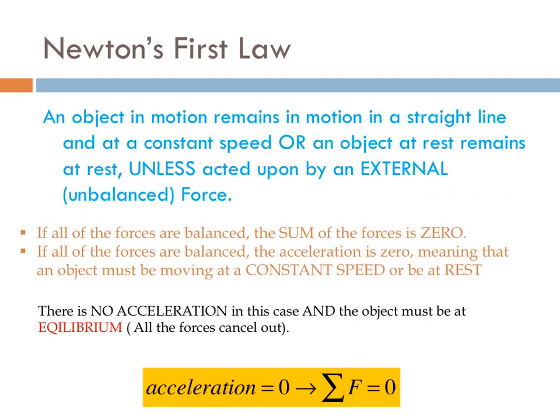If all the forces are balanced, that means that the acceleration is zero. So there's two situations that you can have an acceleration of zero, when you're either moving at a constant speed or at rest. Remember that this symbol down here at the bottom means sum of, sum or total.